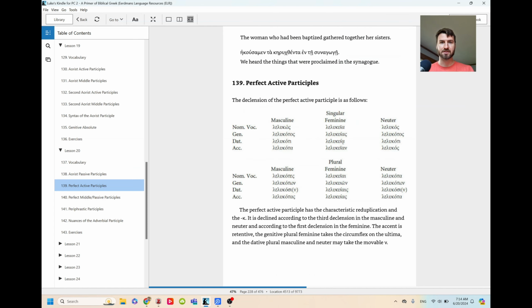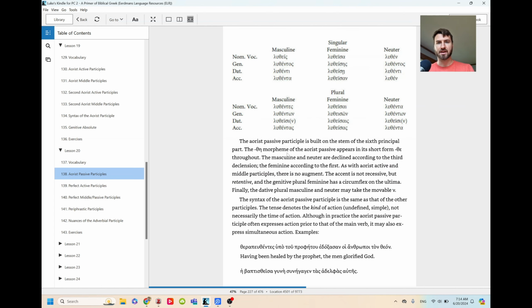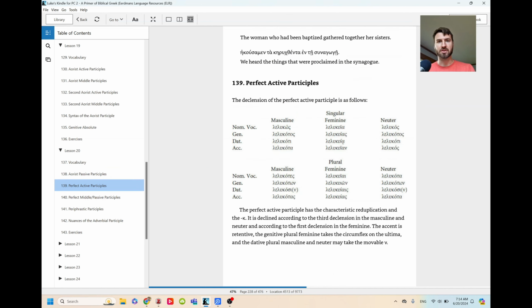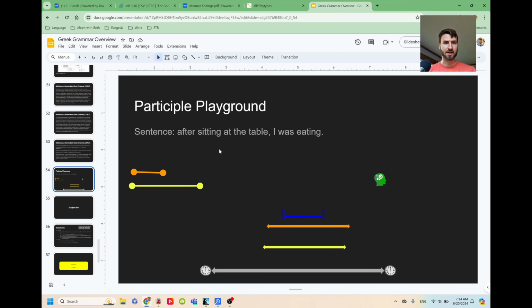And then it goes into the perfect active and middle passive. The difference between the aorist and the perfect is sometimes hard to see.